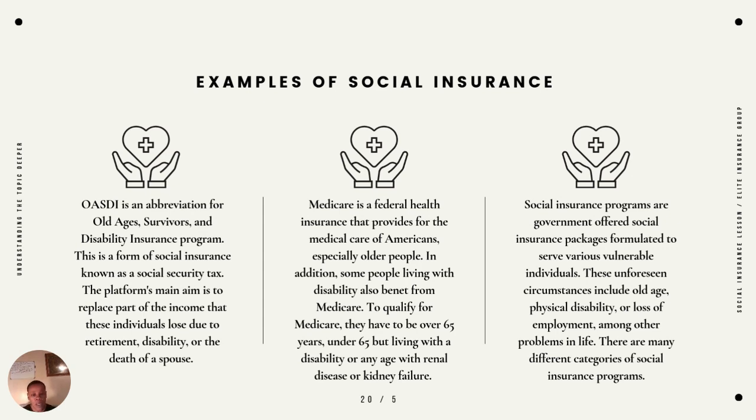So you either have to be 65 or older, or if you are younger, in order to qualify for Medicare, you will have to be living with some type of disability, or a terminal disease.